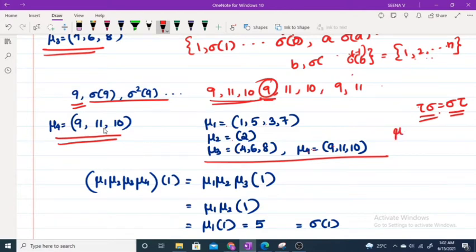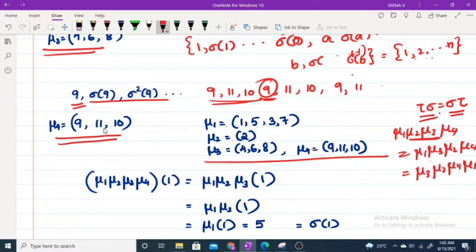So mu1 mu2 mu3 mu4 is the same as mu1 mu3 mu2 mu4, because mu2 mu3 is the same as mu3 mu2. Or you can write this as mu3 mu2 mu4 mu1, because mu1 mu2 mu3 mu4 is the same as mu2 mu3 mu4 into mu1. Okay, so we can write this in any order.